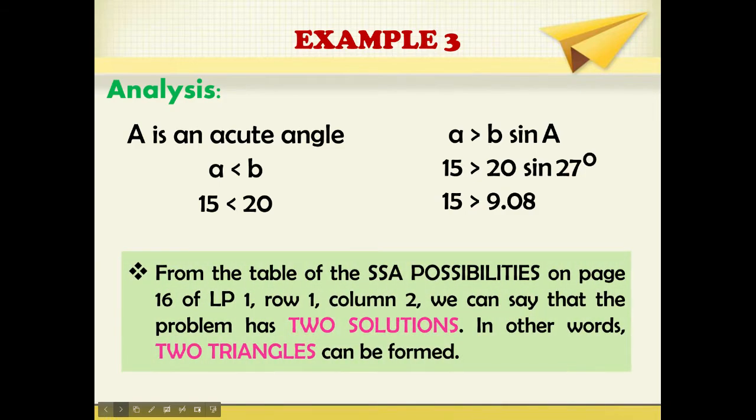So, looking at the SSA possibilities table, which is found on page 16 of your learning package 1, under row 1, column 2, we can say that the problem has two solutions. In other words, two triangles can be formed.